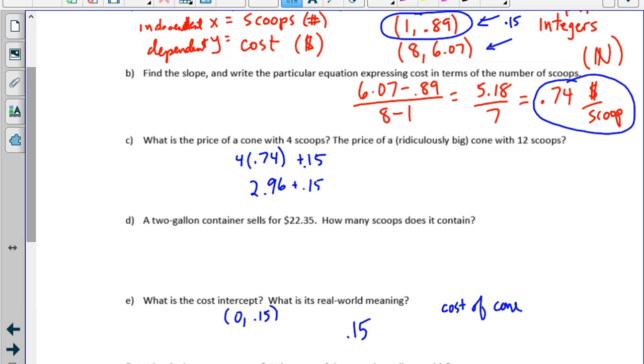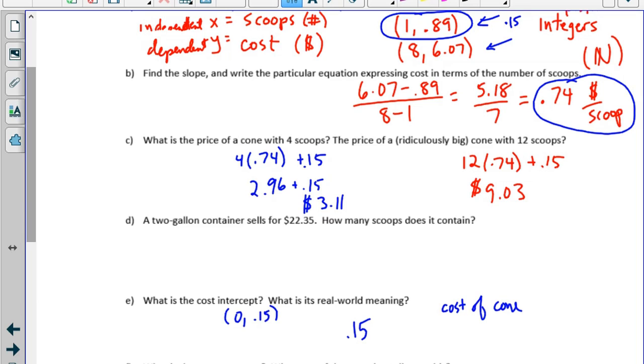So 296 plus the 15-cent cone is $3.11. If I'm taking a look at this really big cone with 12 scoops, 12 times 74 cents plus that 15-cent cone ends up being $9.03.